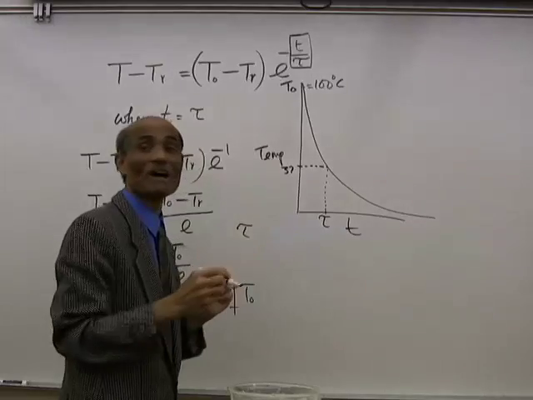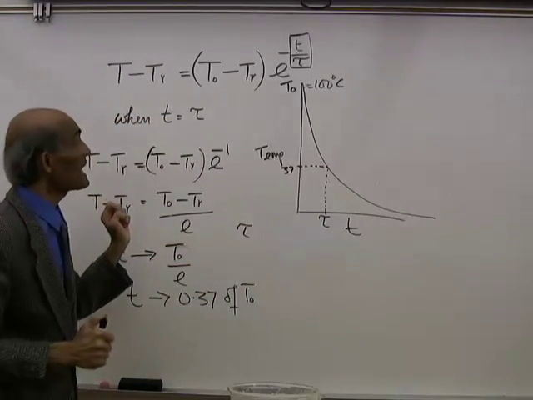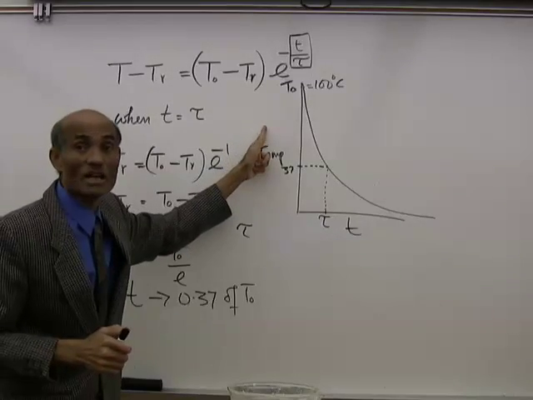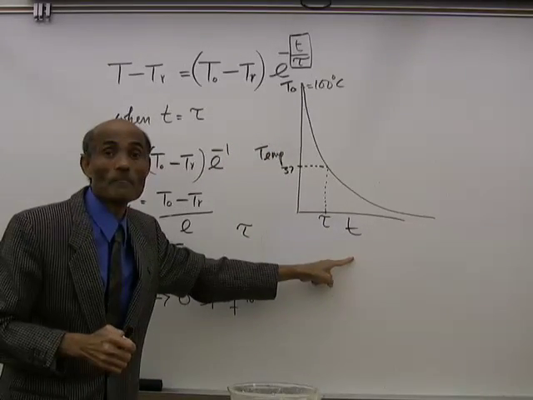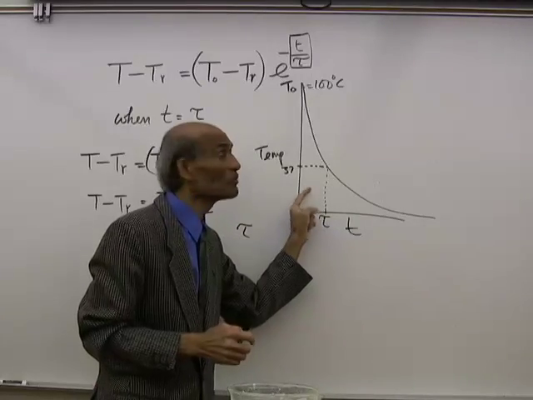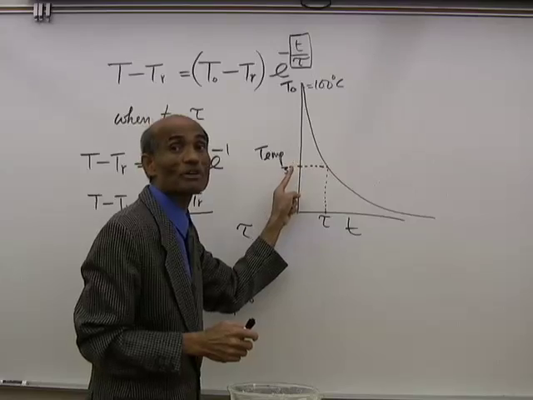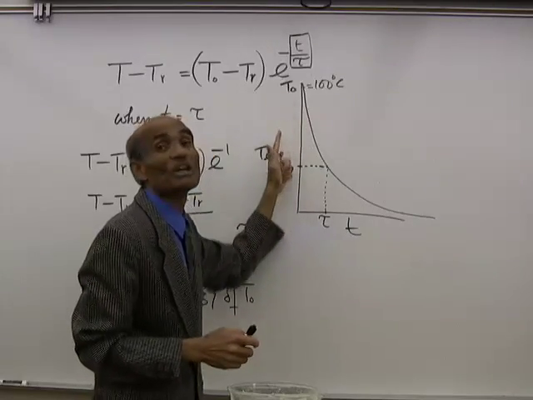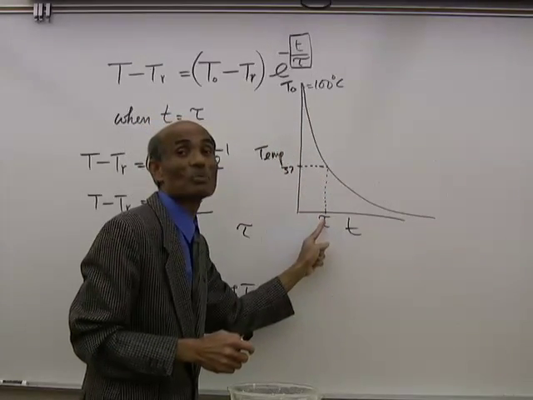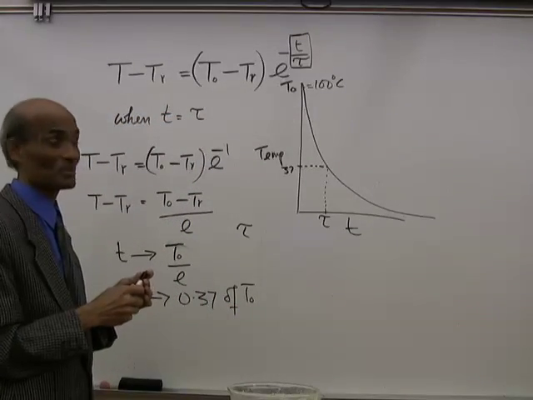That is one way to find tau. So, you will draw a graph of temperature against time and measure the time taken for the initial temperature to drop to 0.37 of the initial temperature, and that will be the time constant. That is one way to measure the time constant.